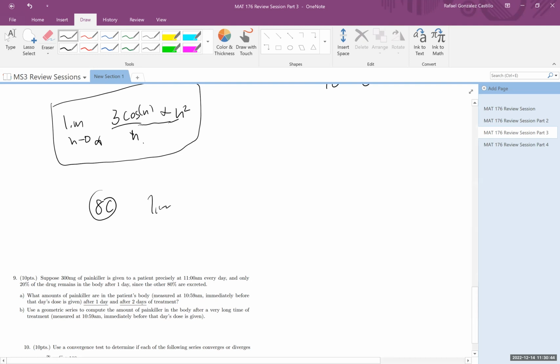Now, for this one, it is a little bit trickier to see what the solution will be, but we could do a little substitution here.